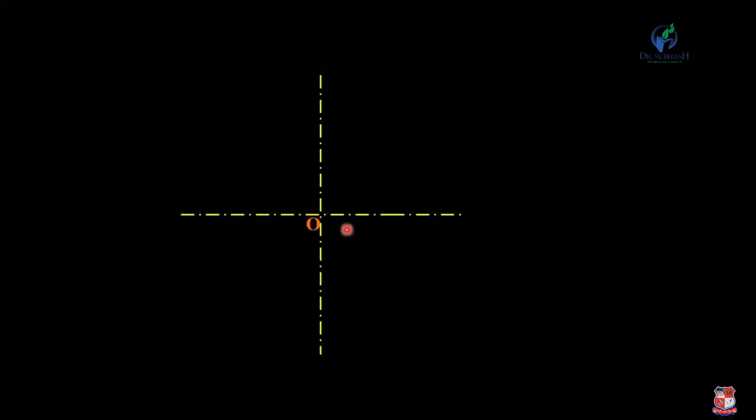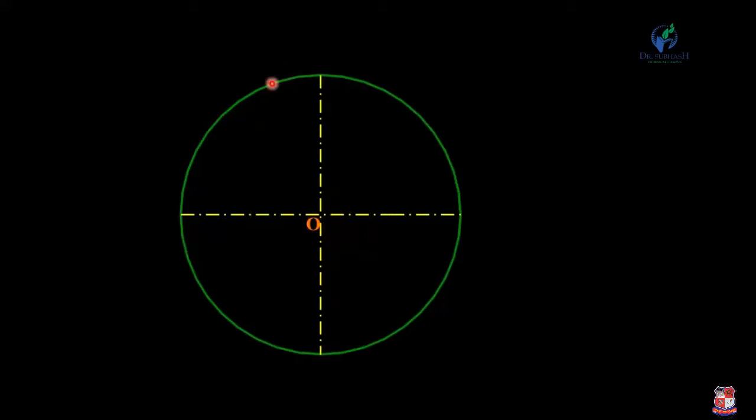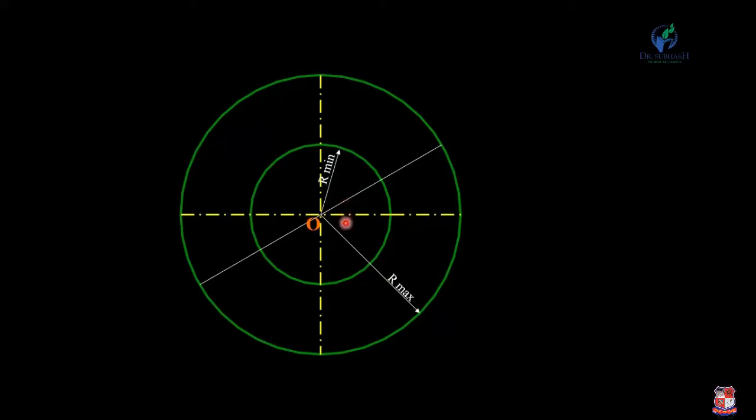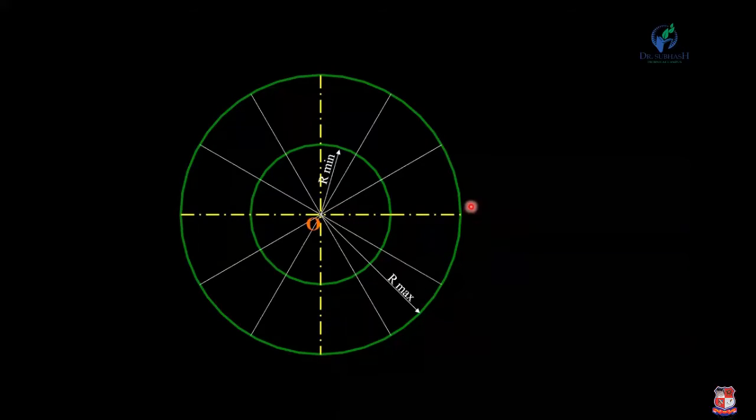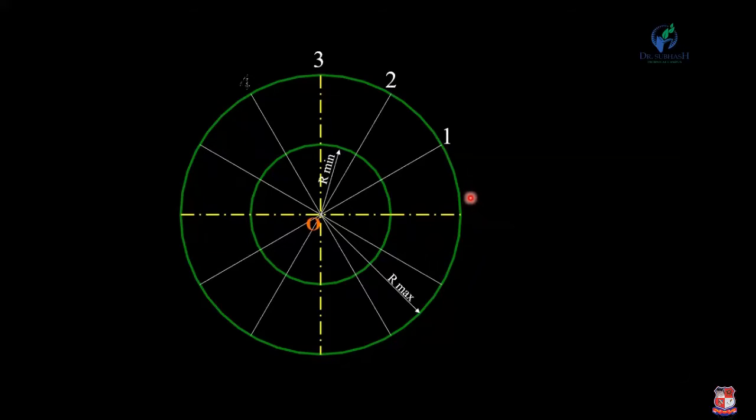So first of all, take center point O and draw one circle of radius equal to 100 mm, okay, maximum radius, and draw another circle whose radius is 60 mm, or we can say R minimum. Now divide this circle into the 12 divisions. Points 1, 2, 3 up to the 12. Okay, so initially point P is here.